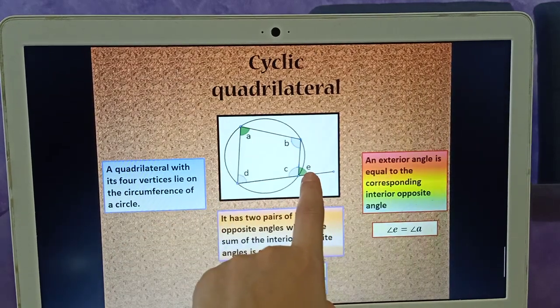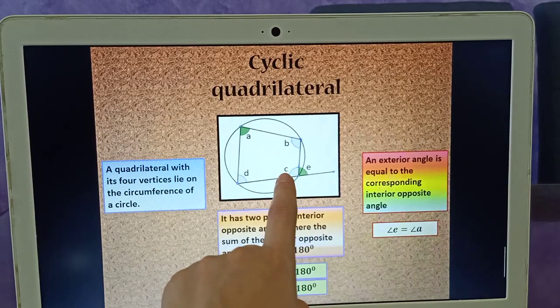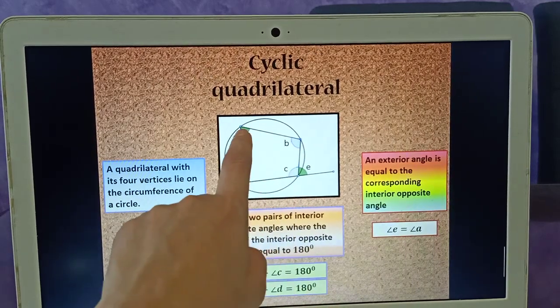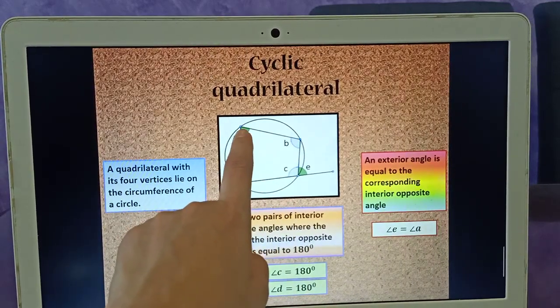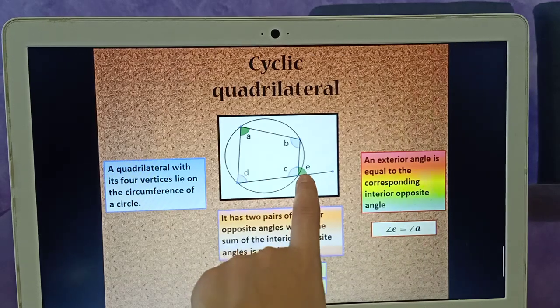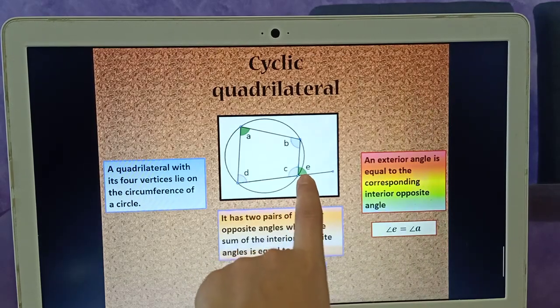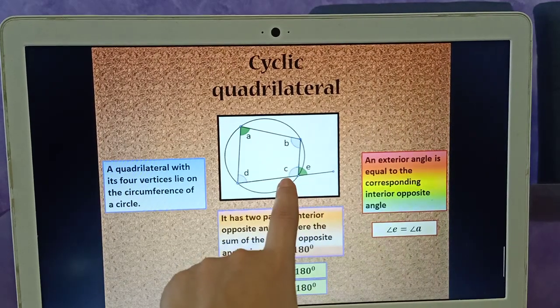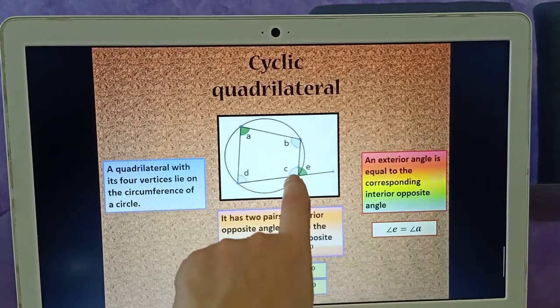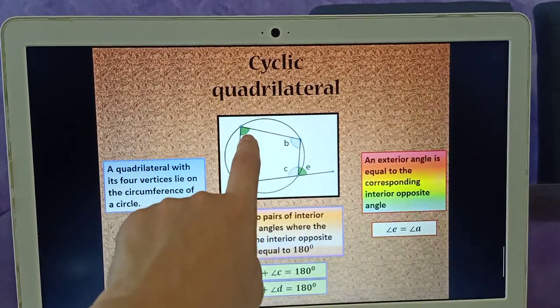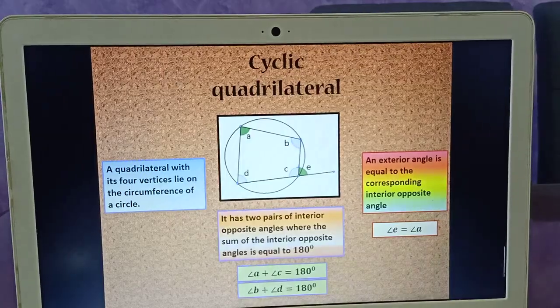An exterior angle is equal to the corresponding interior opposite angle. You move inside beside it, and then look at the opposite one. So that's the answer.